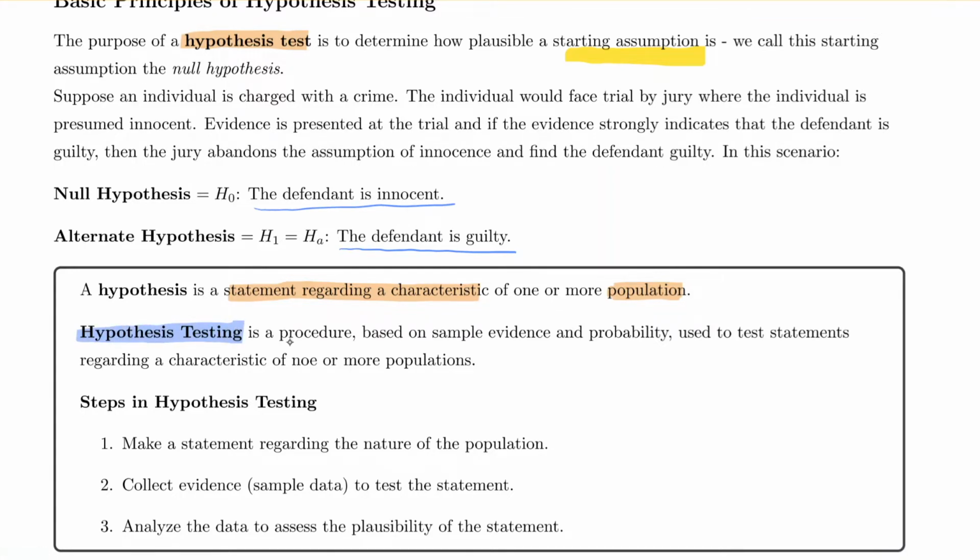Hypothesis testing is a procedure based on sample evidence and probability used to test statements regarding characteristics of one or more populations. So we want to make a conclusion about a population using sample evidence and probability.